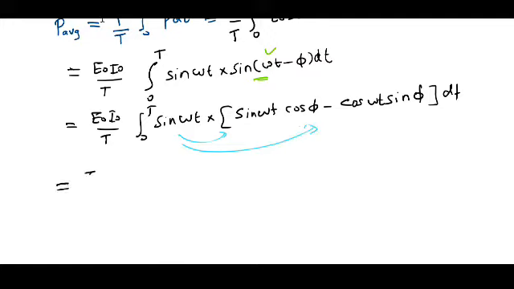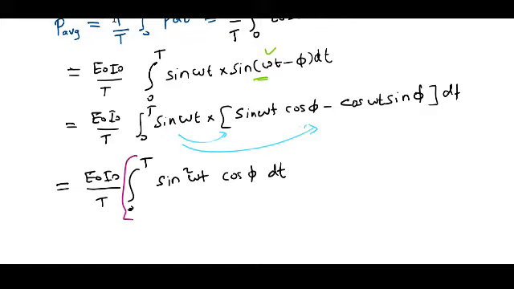That is, E0 I0 by T into, the first term, the integral from 0 to T of sine square omega t cos phi dt. Here I put one bracket also, because we are splitting the above step into two. Here we have the minus integral from 0 to T of sine omega t cos omega t into sine phi dt.